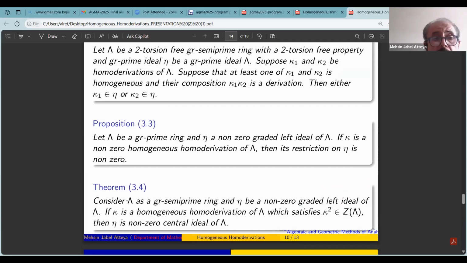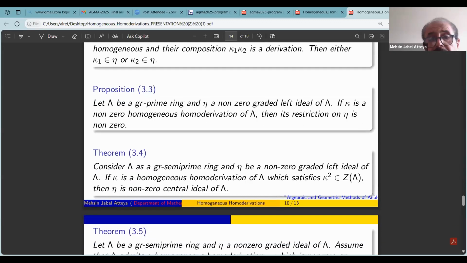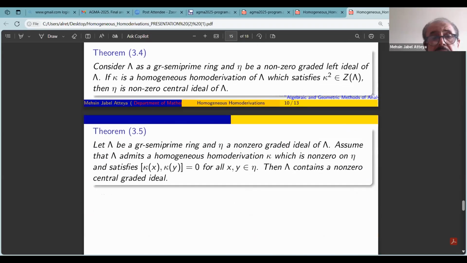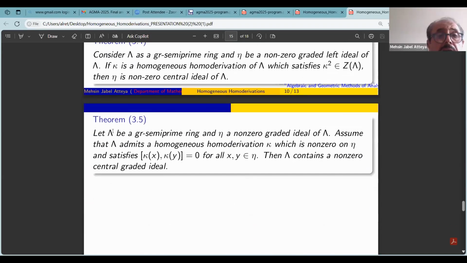Theorem 4. Consider lambda as a GR semi-prime ring and eta a non-zero graded left ideal of lambda. If kappa is a homogeneous homoderivation of lambda which satisfies kappa squared belongs to Z of lambda, then eta is a non-zero central ideal of lambda. The last result here, Theorem 3.5.